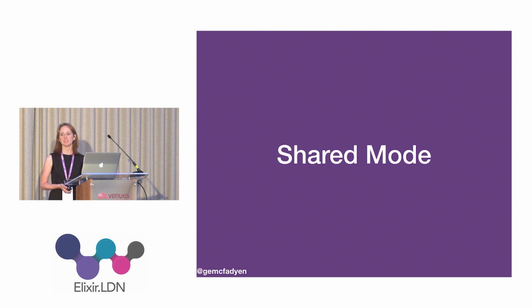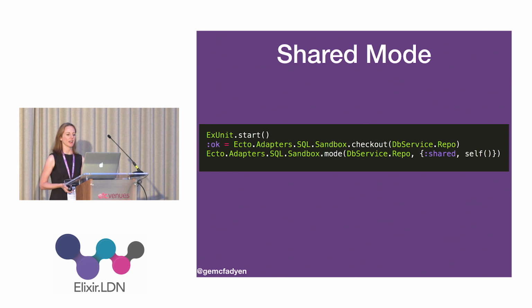I needed to explicitly state that I wanted to run the Sandbox in shared mode so that more than one process can use the database. To do that, you just update your test helper, where you state that you want to use shared mode, and then the tests ran and cleaned up after themselves, as I wanted.